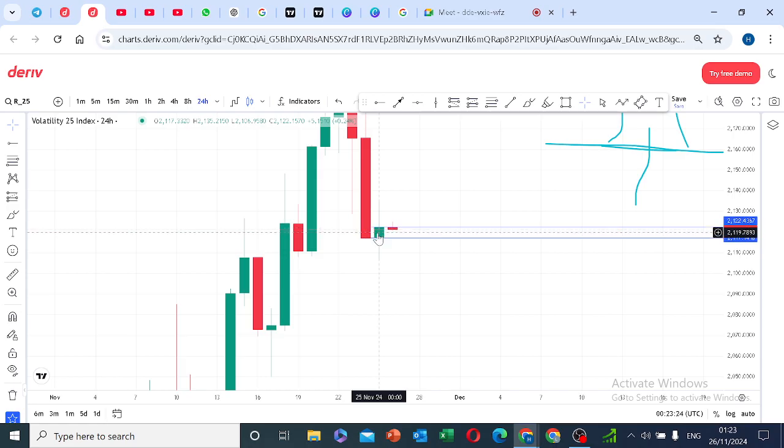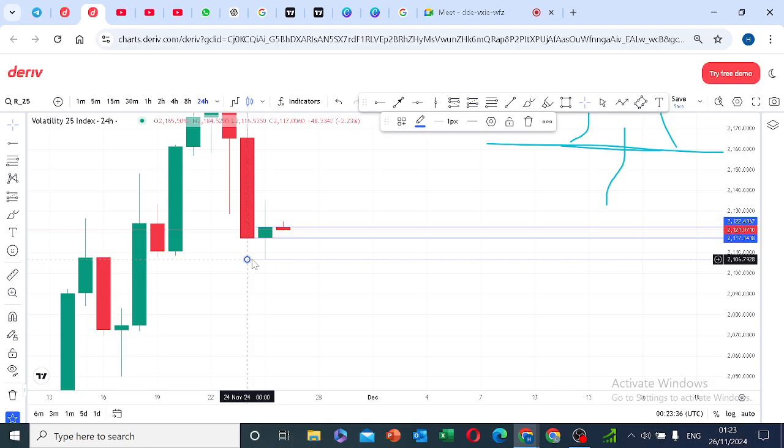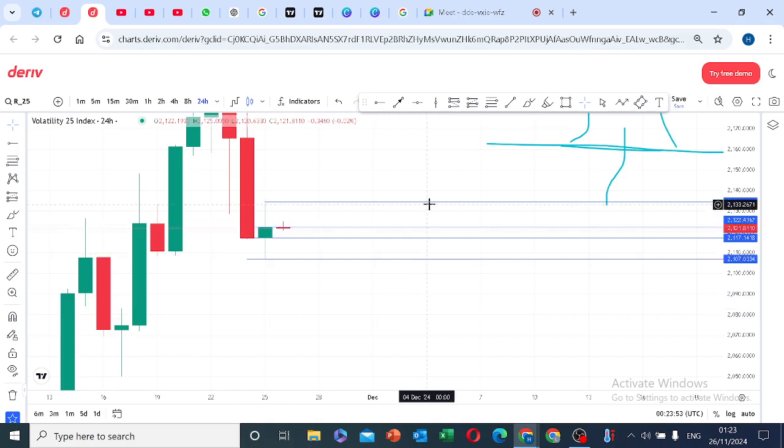But the only message left is that between where it opened and where it closed, this particular price was the lowest point the market price got to for this daily candlestick. This one at the top was the highest price the market got to.